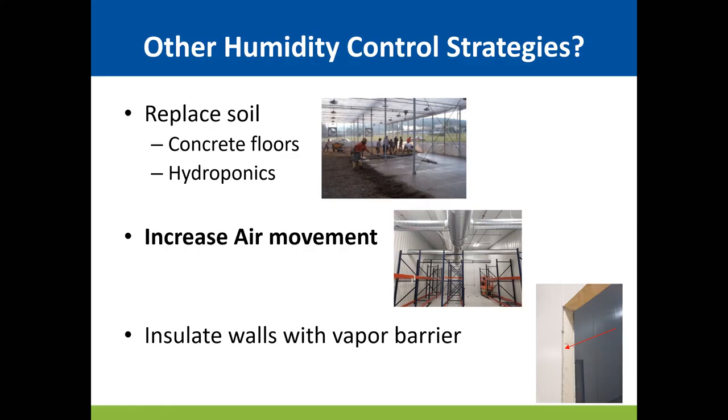And if you're in an indoor farm, in a warehouse, insulate your walls with a vapor barrier to prevent moisture from coming in through the structure, but also to control what's leaving. I've had debates with other engineers, maybe in a humid climate, we want the walls to be a little bit leaky, or permeable, I should say, to water vapor.